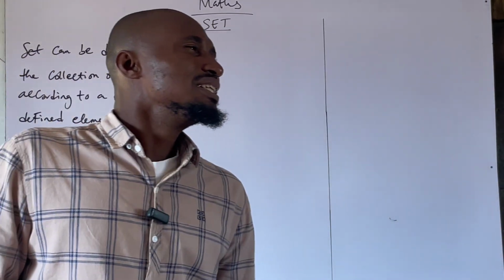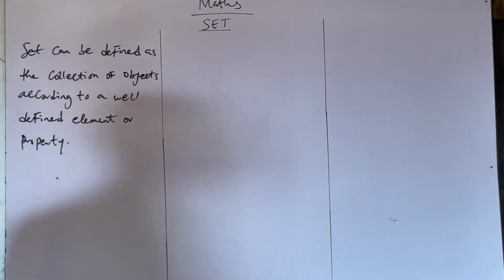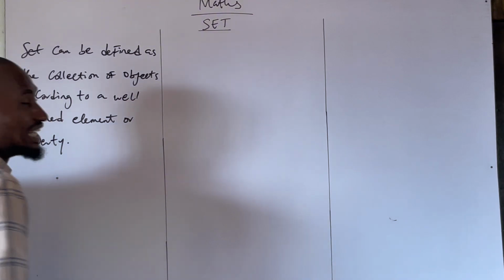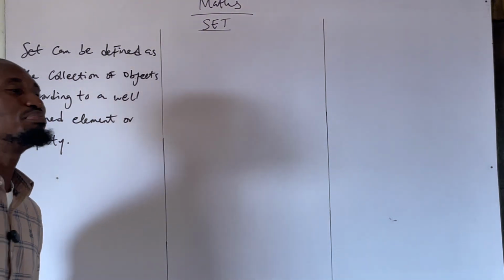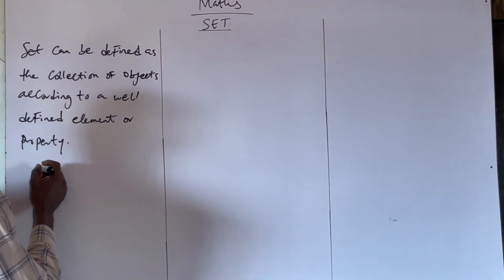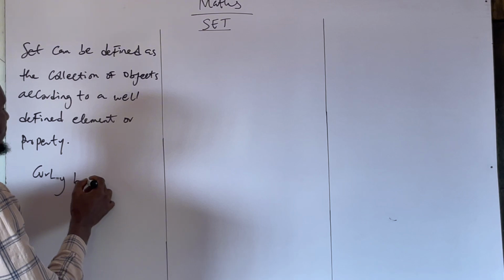Again, what else I want us to learn today is that sets are represented in capital letters. They are represented in what? Capital letters. And there's a bracket we use in sets, called the curly bracket.